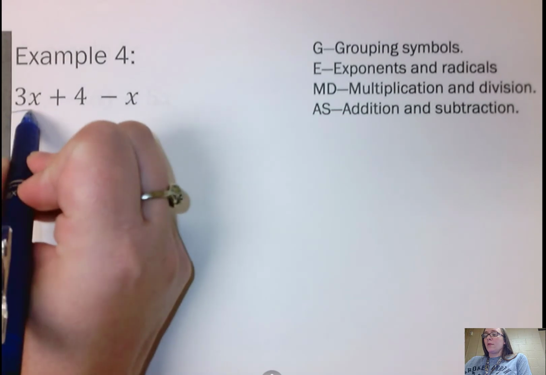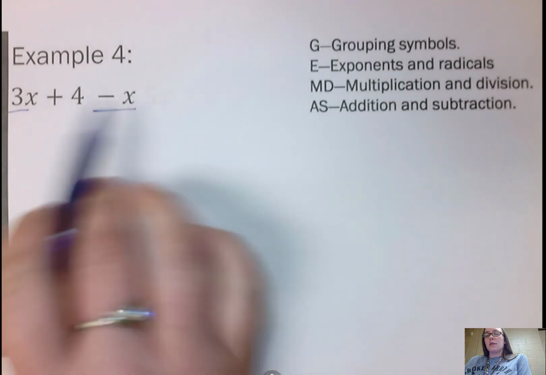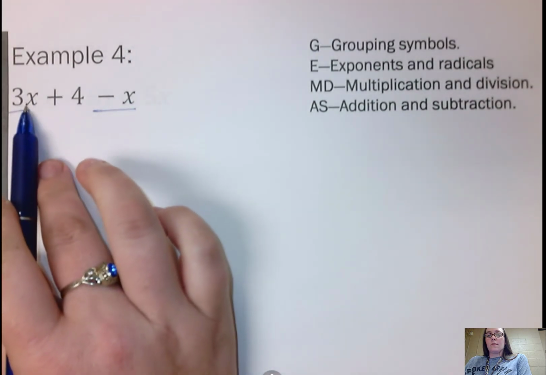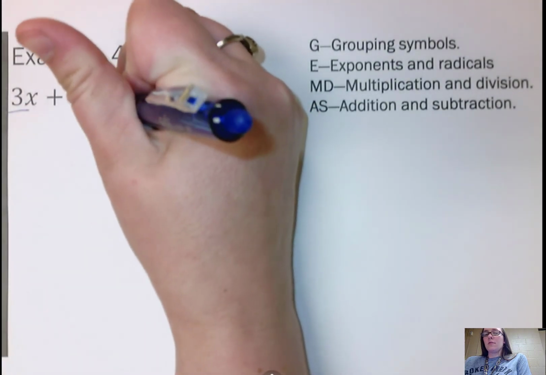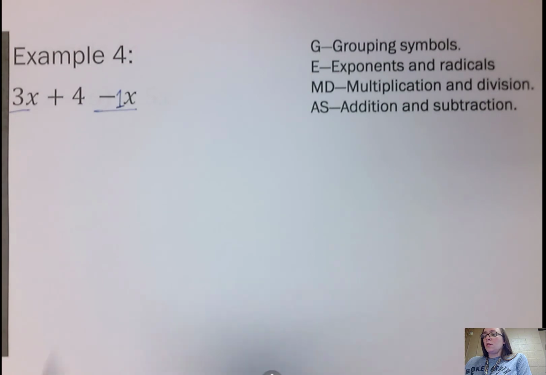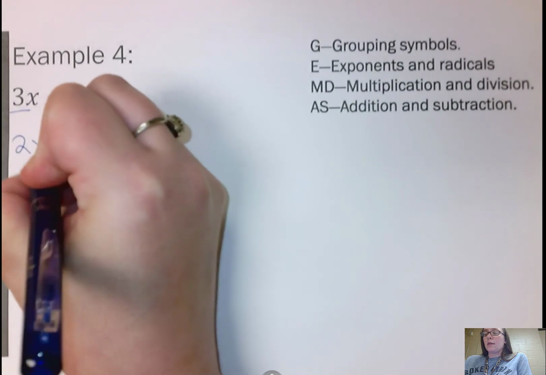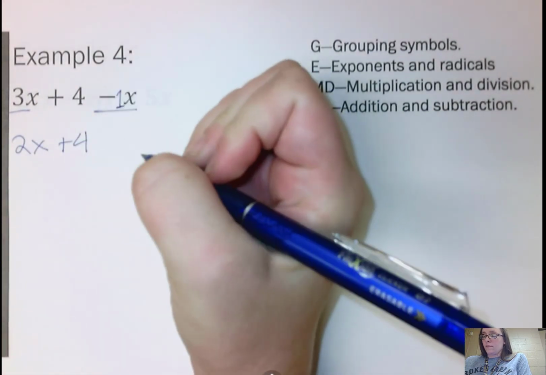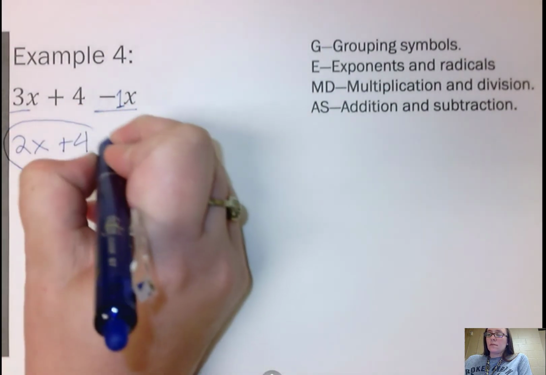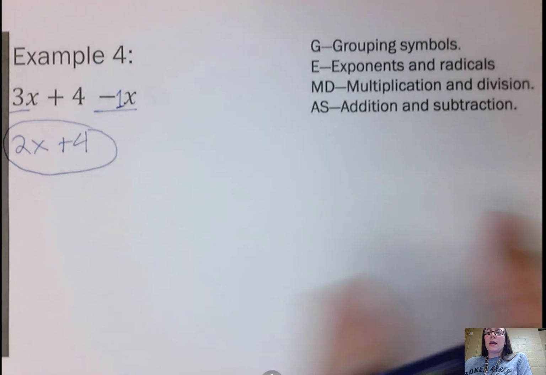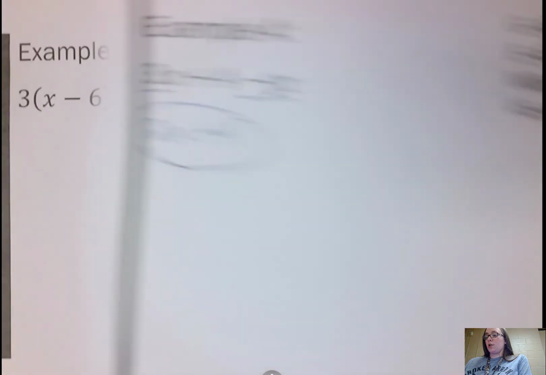I have a 3x and a negative x, so I can add those together. So 3x plus a negative x, remember there's that 1 that's invisible in front of. So 3x plus a negative 1x leaves me with 2x plus 4. Sometimes you are only going to have examples where you are only combining your like terms using addition subtraction.